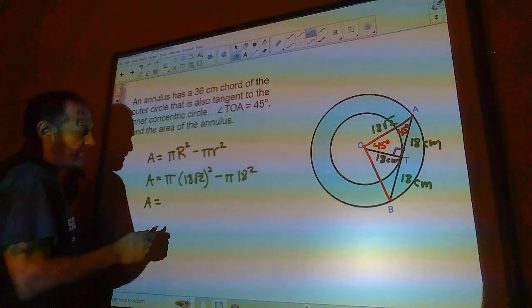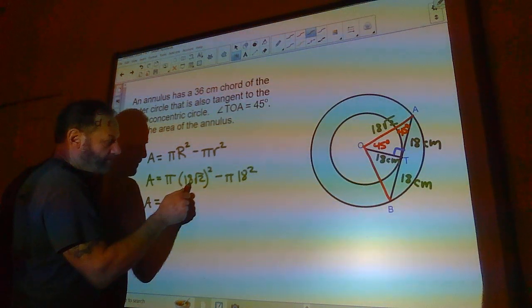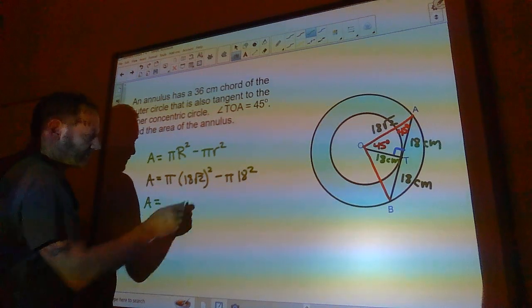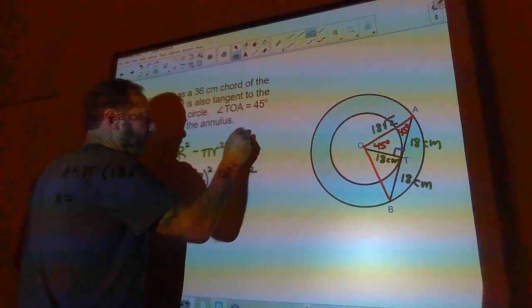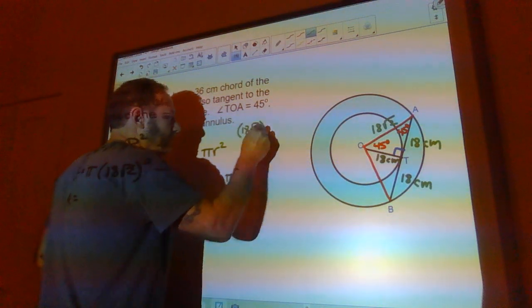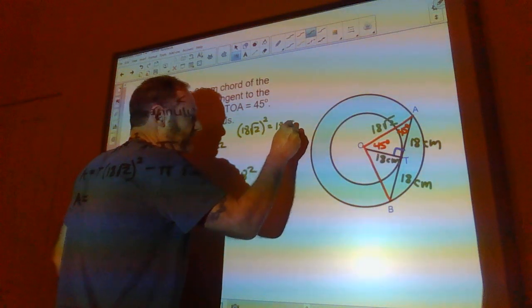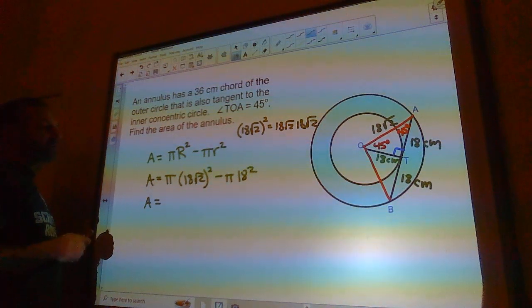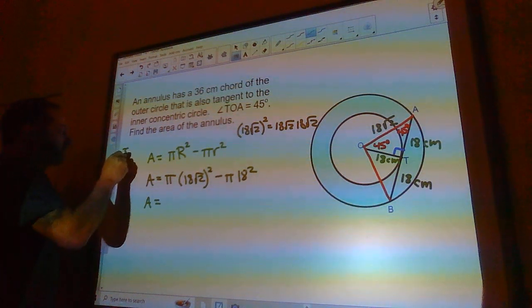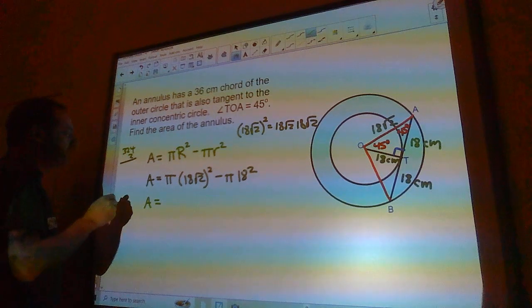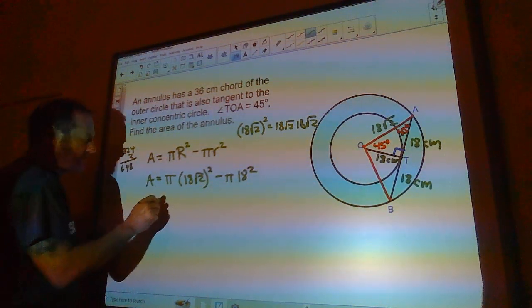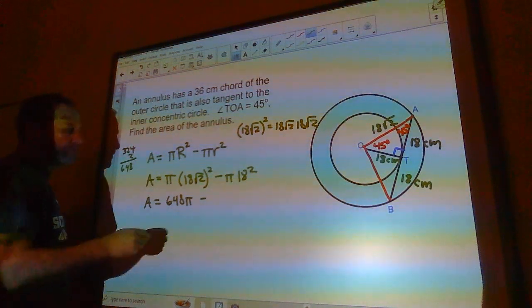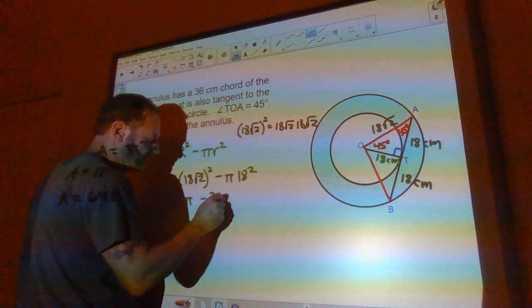So this is going to be 18 times 18 times 2. Remember this right here, 18 square root of 2 squared is going to be 18 square root of 2 times 18 square root of 2. So that's 324 times 2. That's going to be 648 pi minus 324 pi.